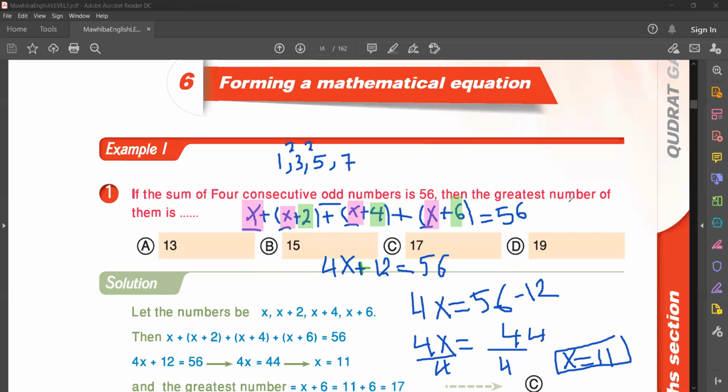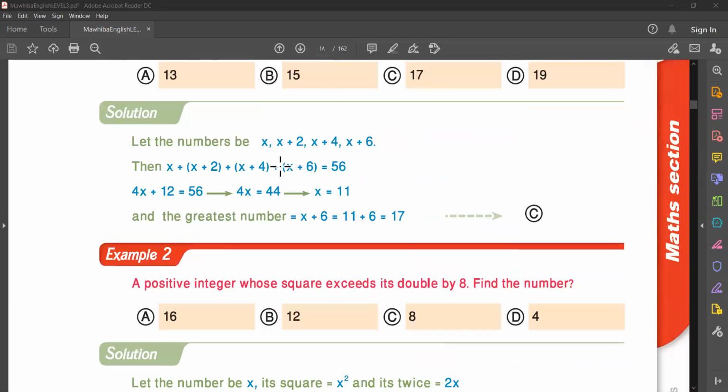The question says the greatest, so you substitute here: 11 plus 6 equals 17, right? So the correct answer is number C. Good, it is C. Okay, we will go to another example.